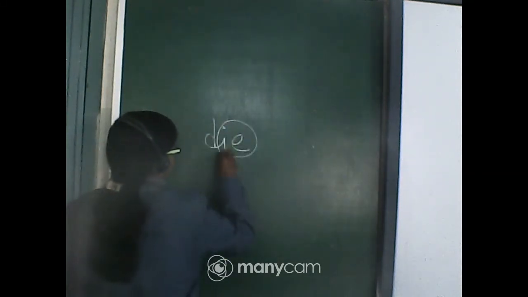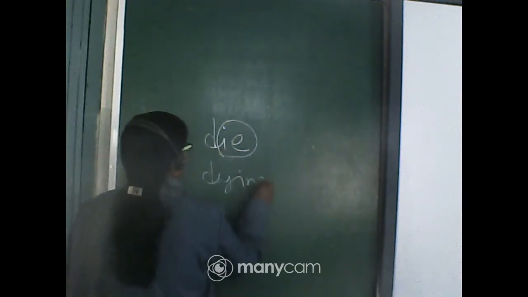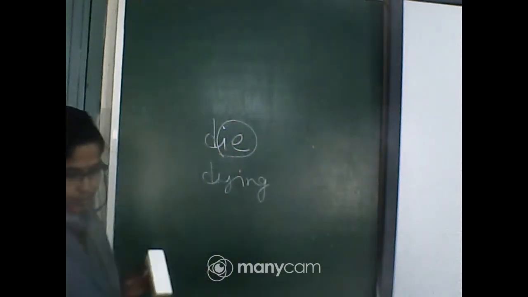And another thing is, in case of verb ending in ie, we change ie to y. For example, die. At last I and E. Then what we will do? We will turn IE to y. Dying. Clear?